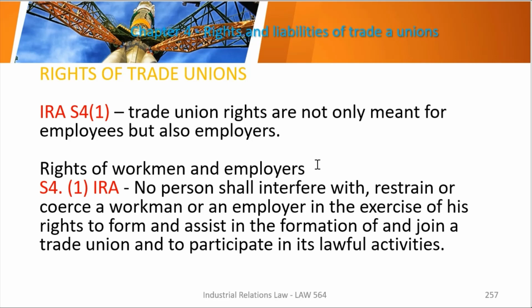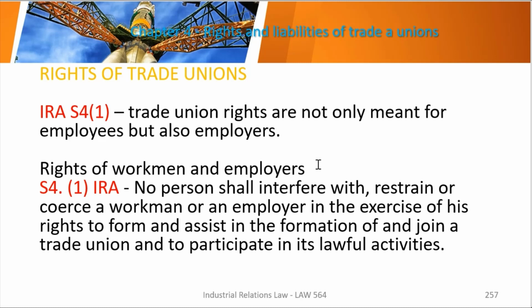Then we have rights of trade unions under Section 4 IRA, and Section 4.1 states that no person shall interfere with or restrain or coerce any workman or employer in the exercise of the right to form, or to assist in the formation or to join the trade union or to participate.